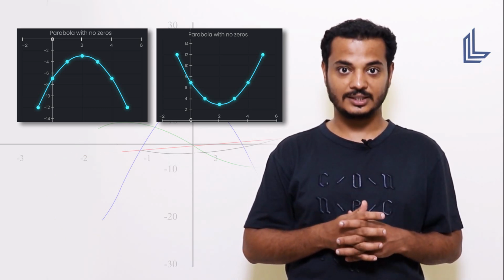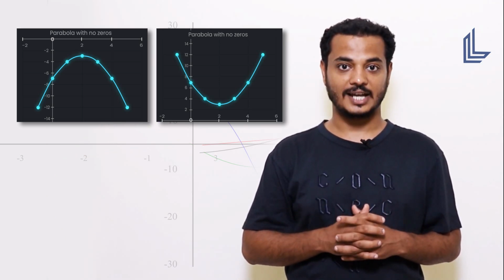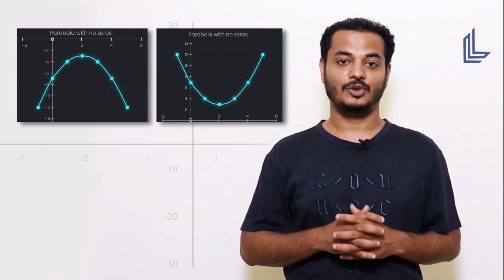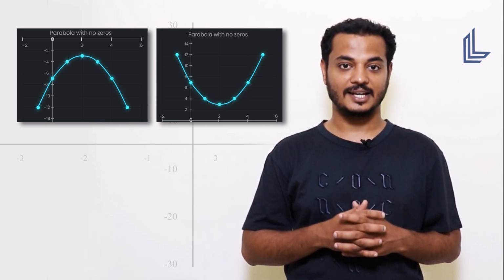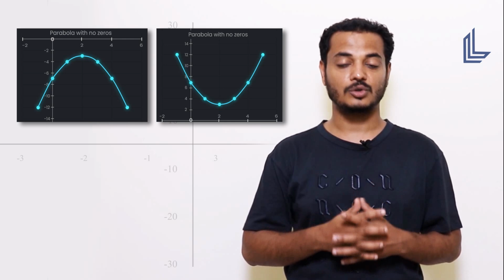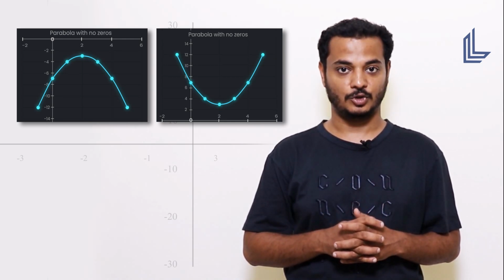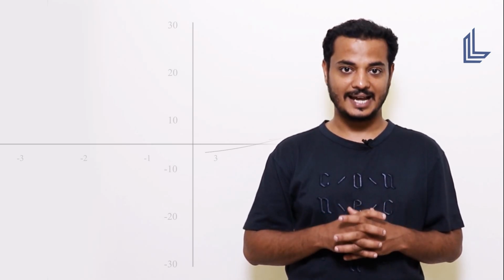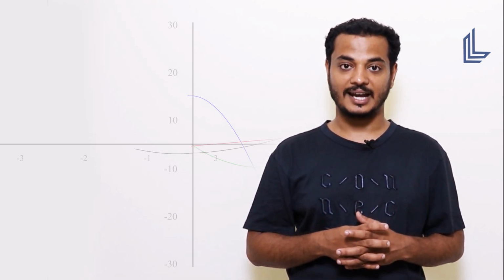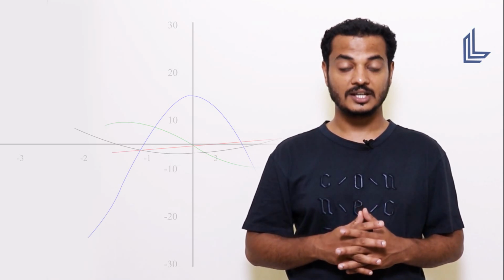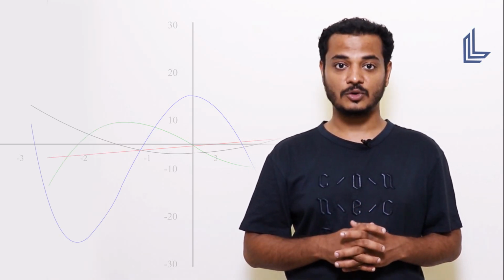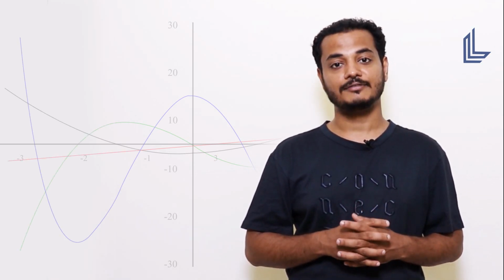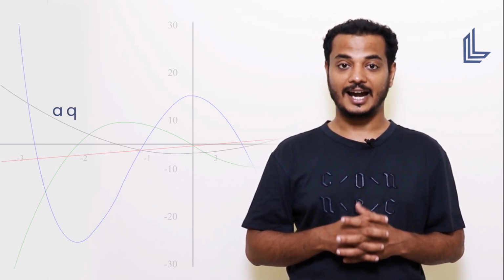Now do you think this parabola will ever cross x-axis? Not really. So in this case, we say that there are no zeros for such quadratic polynomials. So what does this mean? It means that a quadratic polynomial can have no zeros at all, it can have a single zero, or it can have two zeros. At the maximum, a quadratic polynomial can only have two zeros.